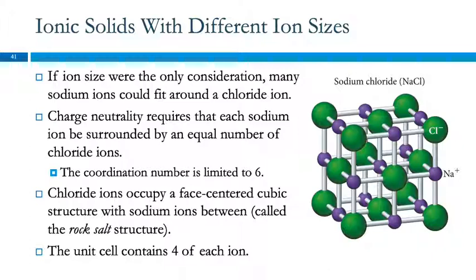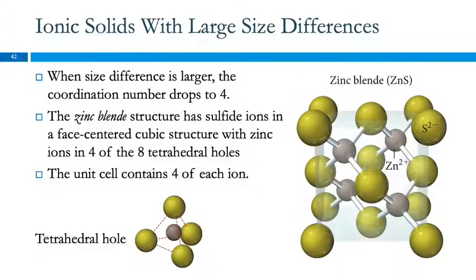In the previous one, we had the small ion in between along the edges, and here they're in the middle. If we look at 4 of these yellow spheres, they make a tetrahedron, and there's a hole in the middle, and so that's called a tetrahedral hole. There's actually 8 tetrahedral holes inside of the unit cell, and there'll be zinc ions in 4 of them.